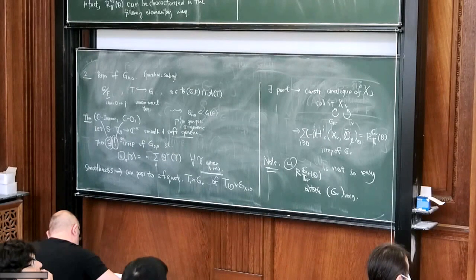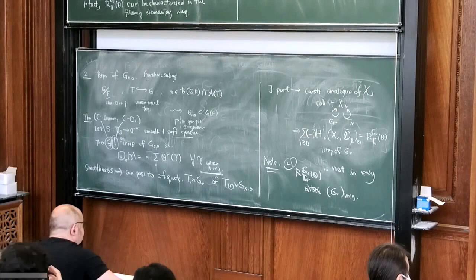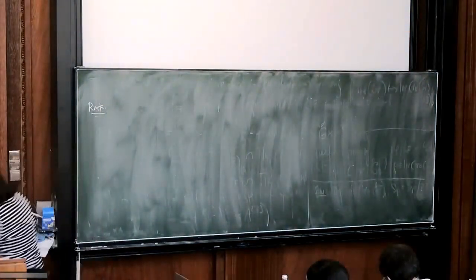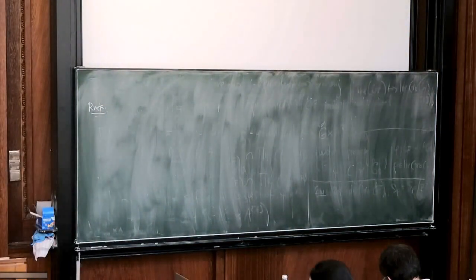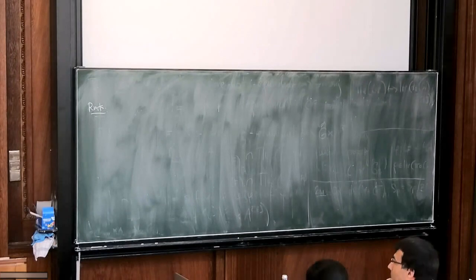Okay, so let me make a comment and then I'll start talking about character sheaves. Okay, so just a remark. As you might say, what's the relation to p-adic groups, maybe representations of p-adic groups? It is the following thing.